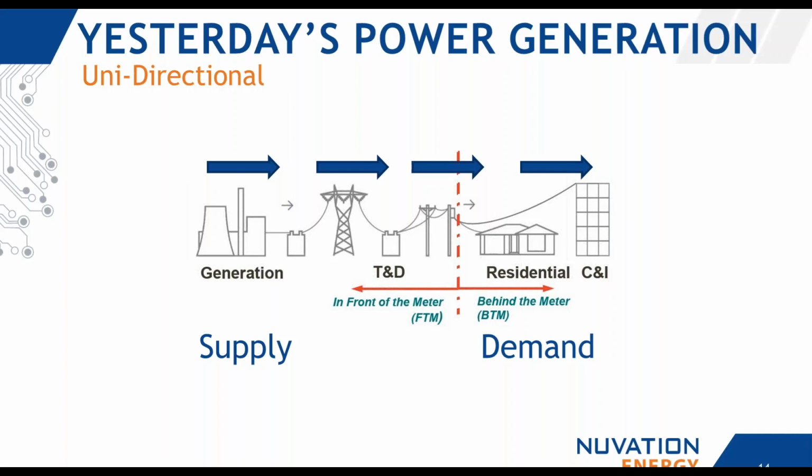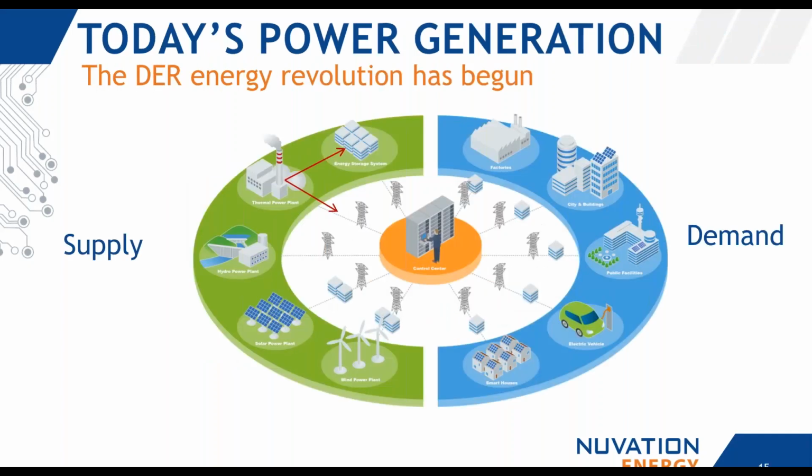The customers are behind the meter from the perspective of the supply chain. In the supply chain, there are also entities dealing with transmission and distribution. This market has been evolving over time.